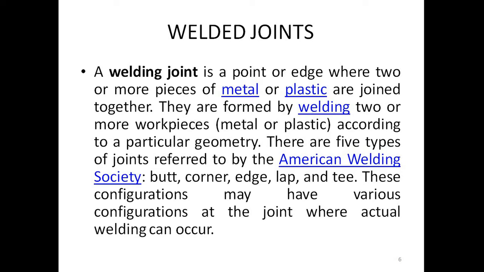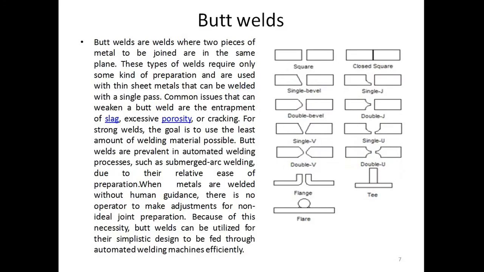And there are five basic types of welded joints according to the American Welding Society, and they are butt, corner, edge, lap, and T joint. First one is a butt joint or butt weld, as shown in a figure. Some cases show what is meant by butt joint.